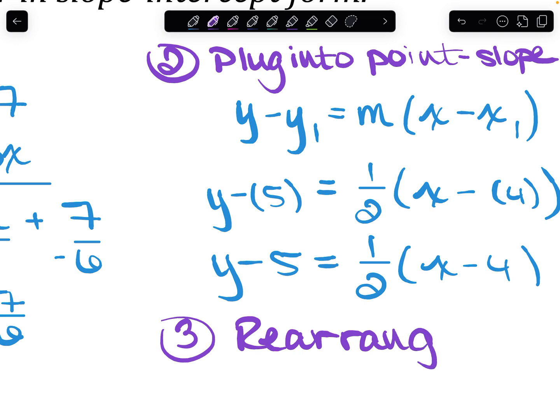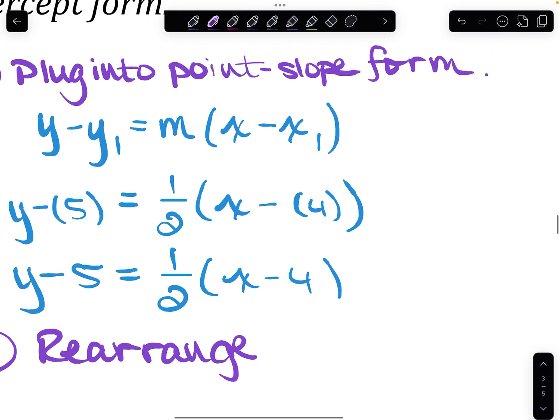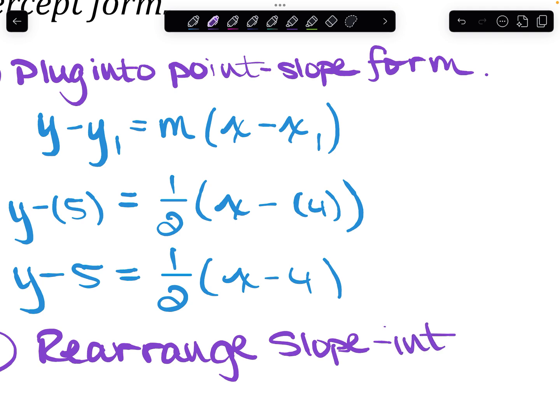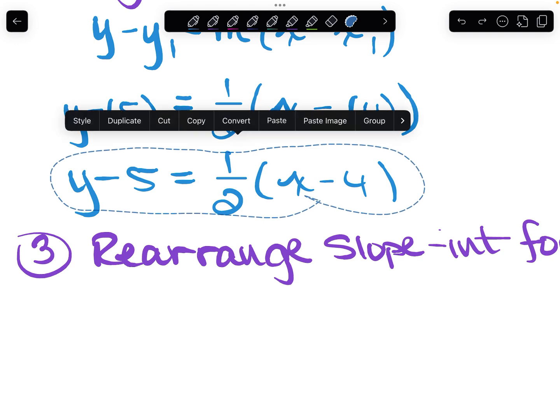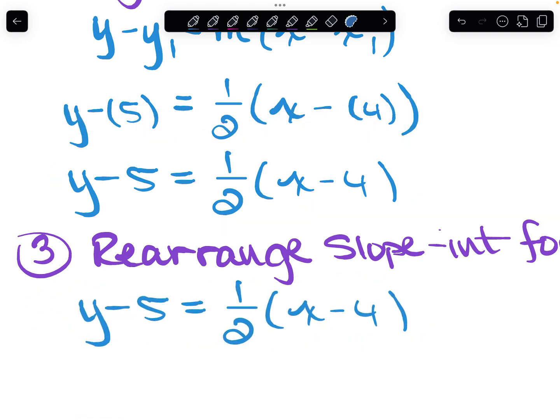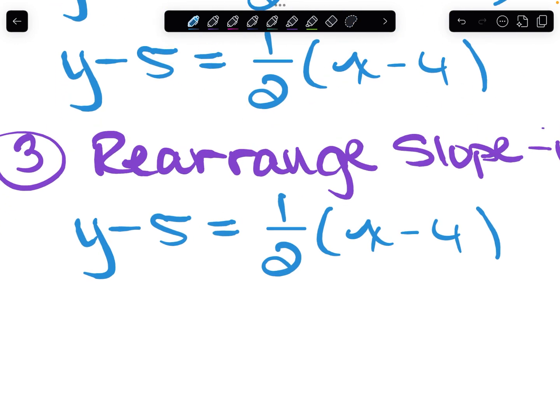All you got to do at this point is just rearrange it to whatever form you're asked for. All right, so we're going to take that. I'm going to copy this down below. All right, we're going to distribute our 1/2.